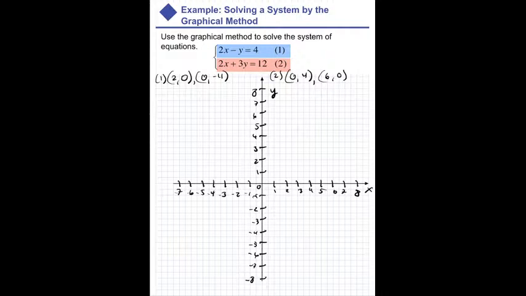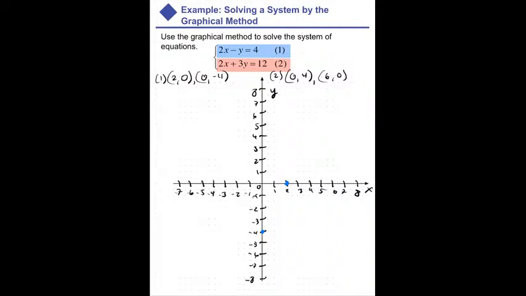Okay. So if we're doing equation 1, we have what? The x-intercept was (2, 0). The y-intercept was (0, negative 4). Then we connect it with a straight edge. Let me see. 4 divided by 2 is 2. 2 over 1. I mean, we really just need a straight edge. Connecting like this.